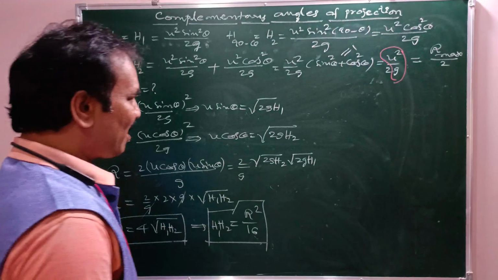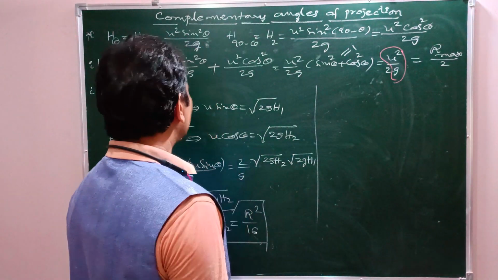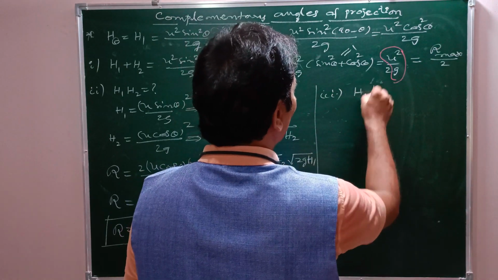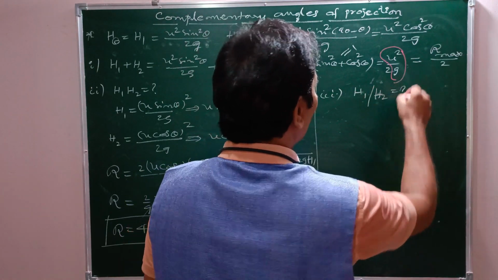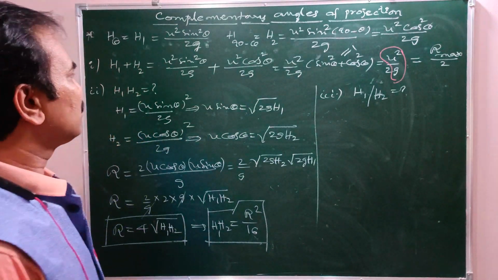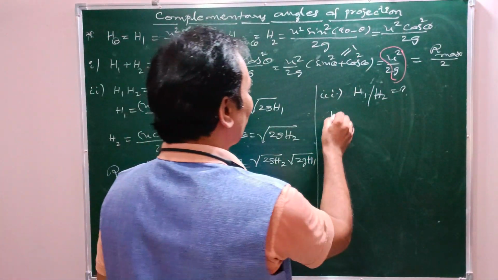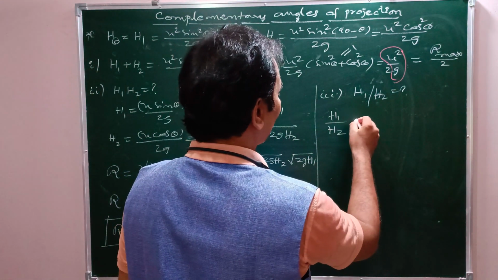Now one more relation is there, that is division. Number 3, division. What is h1 by h2? See here, h1 means this one, h2 means that one. Take the ratio h1 by h2.